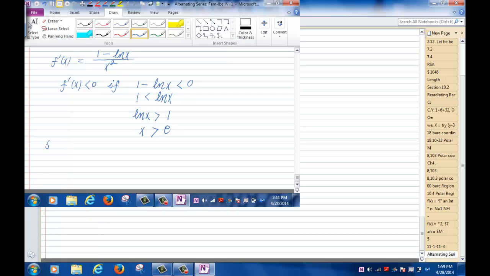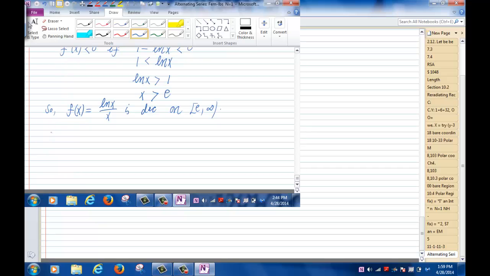So I could say that my function f of x, which is ln x over x, is decreasing on e to infinity. So the sequence Bn, which is ln of n over n, is decreasing for n larger than or equal to what?